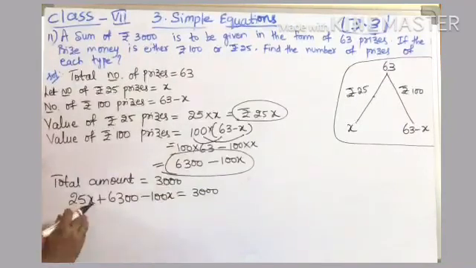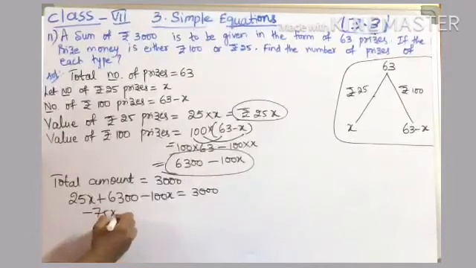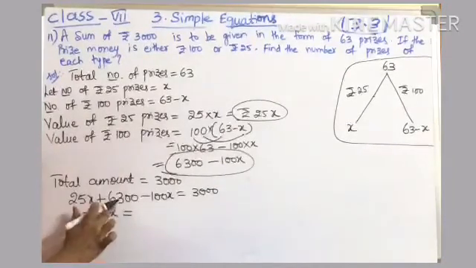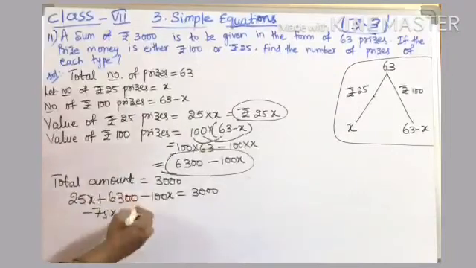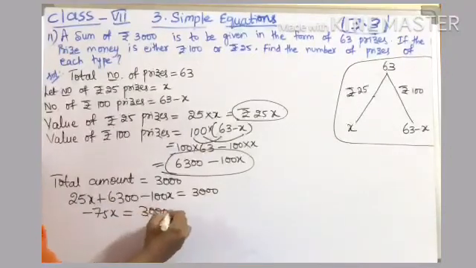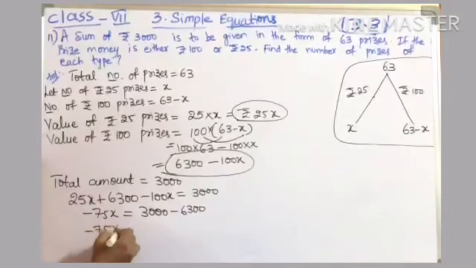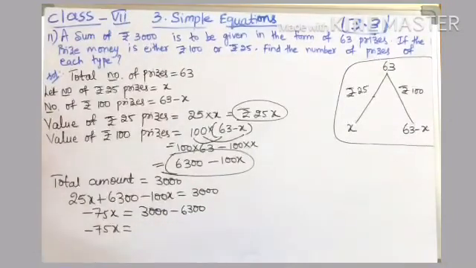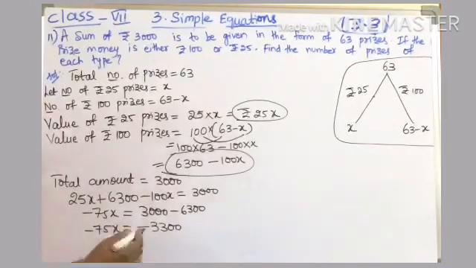Now 25X minus 100X is how much? Minus 75X. Right, equal to, this number is a constant, take this plus 6300 to the other side, it will become minus 6300. Okay, so here minus 75X equals 3000 minus 6300, how much will you get? Minus 3300. Here minus is on both sides, so you can cancel.